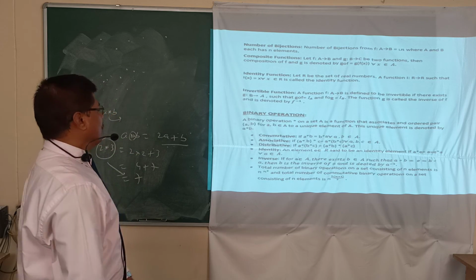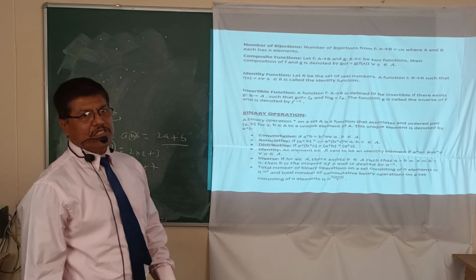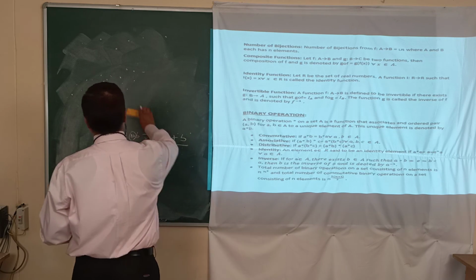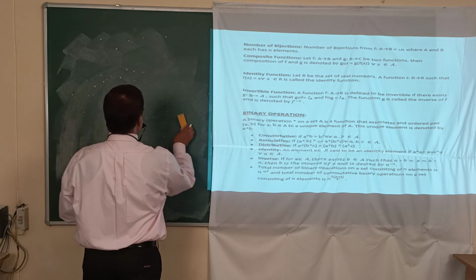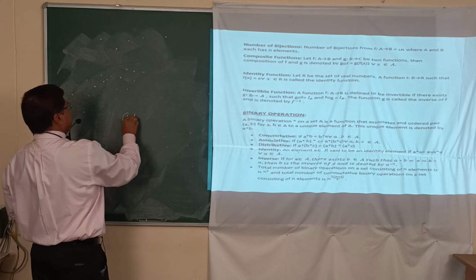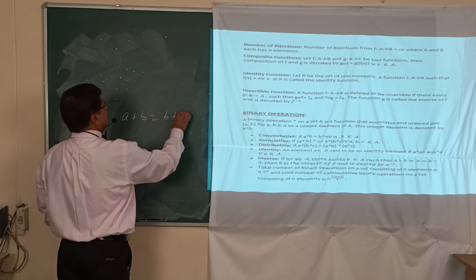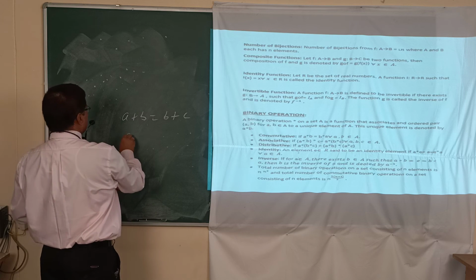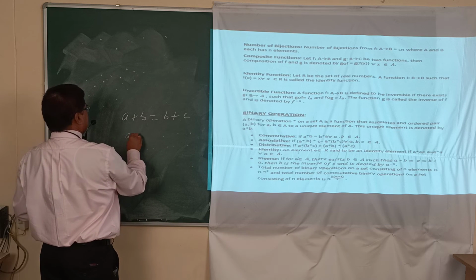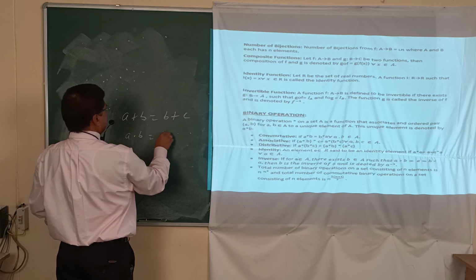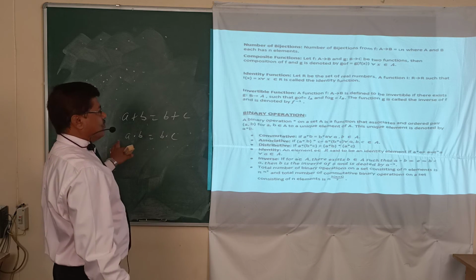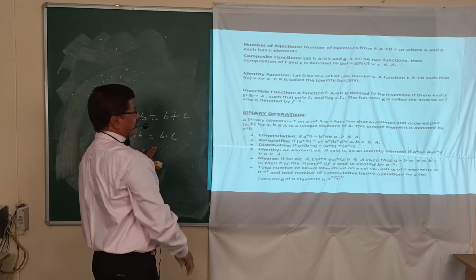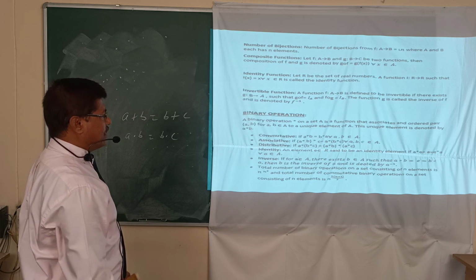Now the properties of a binary operation. The binary operation is commutative. Commutative, as all of you learned in previous classes, means A plus B is equal to B plus A. Similarly in the binary operation, A star or dot B is equal to B dot A, where A and B belong to set A. Now the associative also.